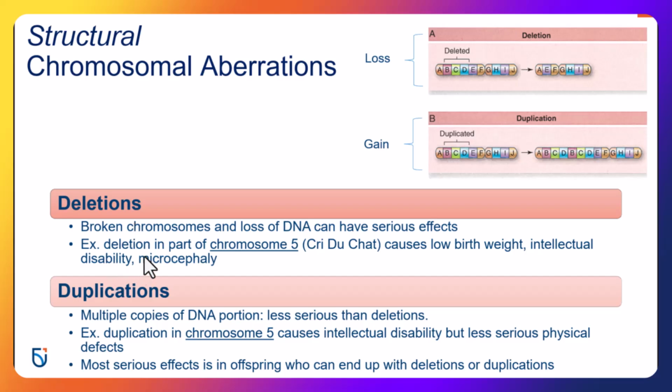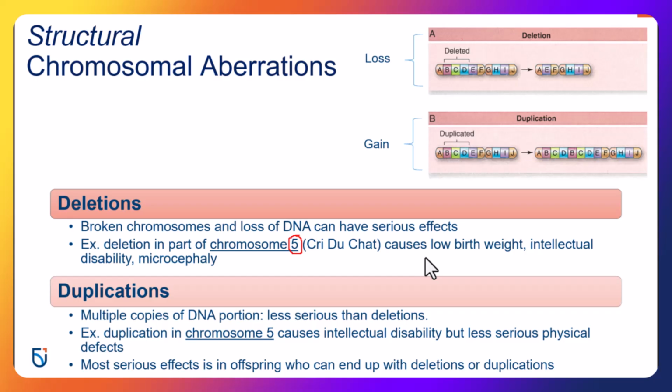And a classic example of deletion on a chromosome is deletion on part of chromosome 5, and this is known as Cri-du-Chat syndrome. And this is associated with low birth weight, intellectual disability, as well as microcephaly, so small brain.